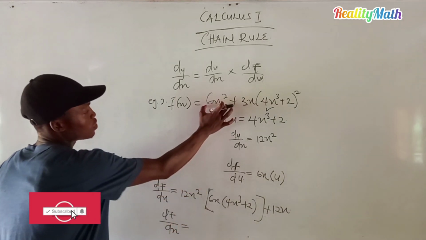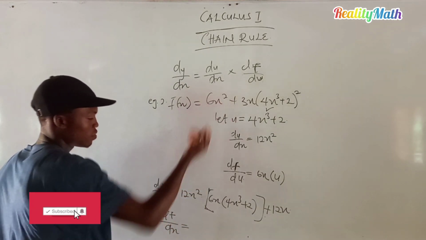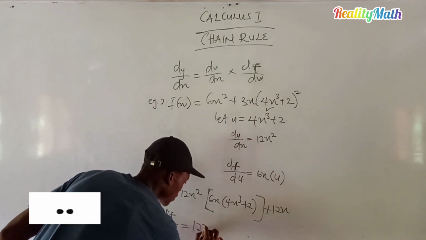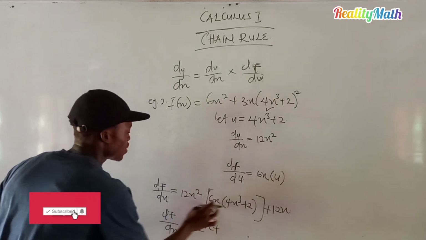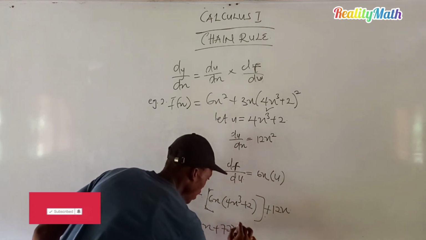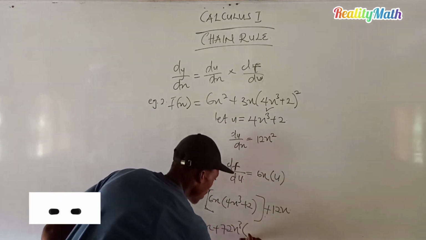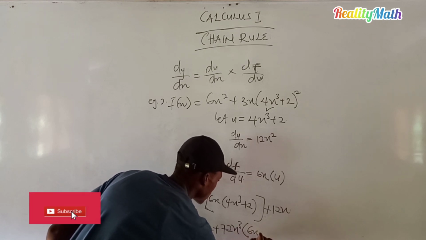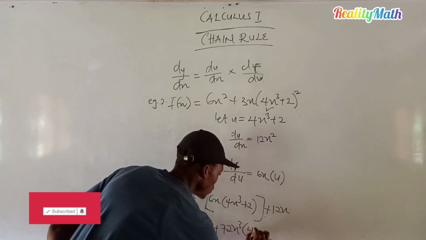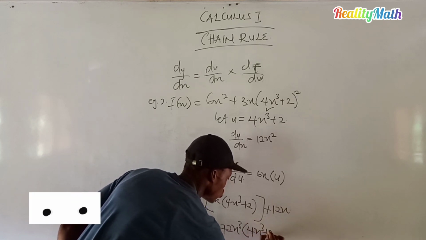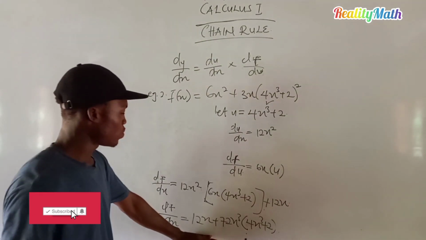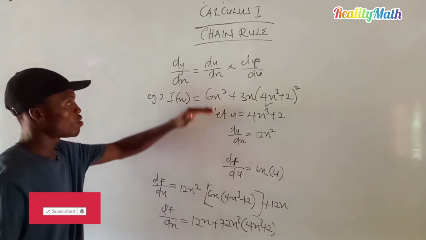Let's bring this one first, which will be 12x plus 6x times 12x squared, which is going to be 72x to the power 3 times, sorry, this is not 6x because it has multiplied already. So this is 4x cubed plus 2. Good. So this is now the first derivative of this function.